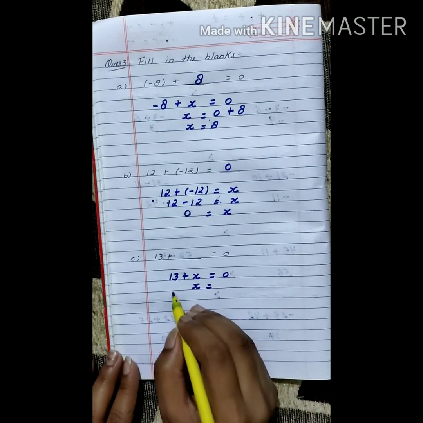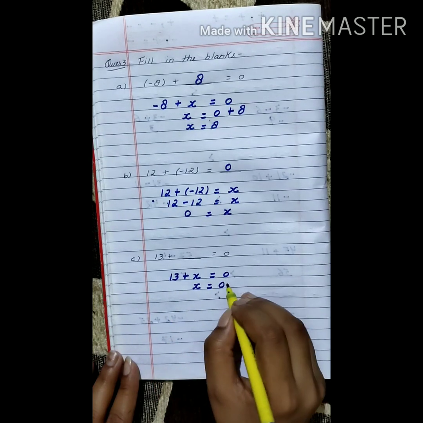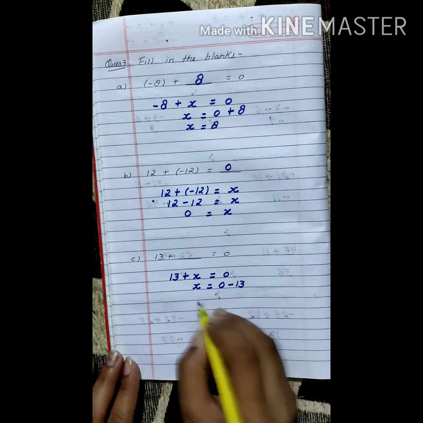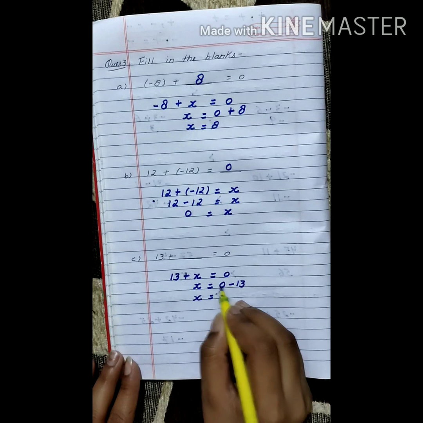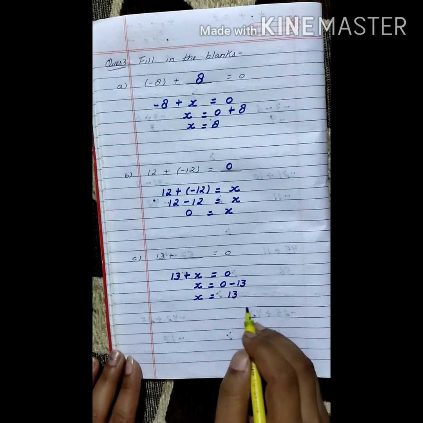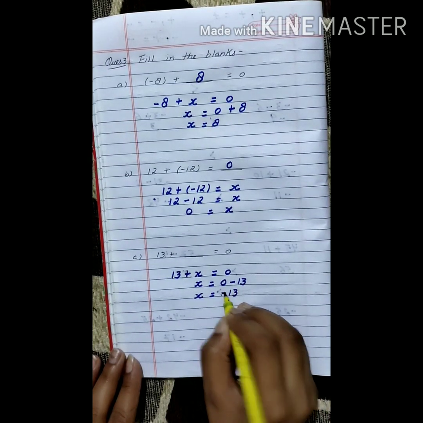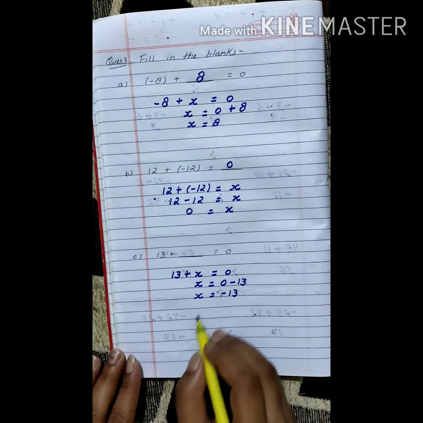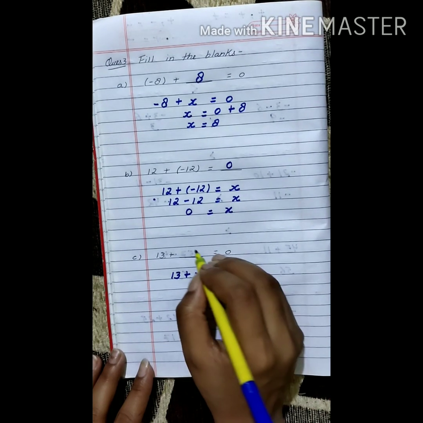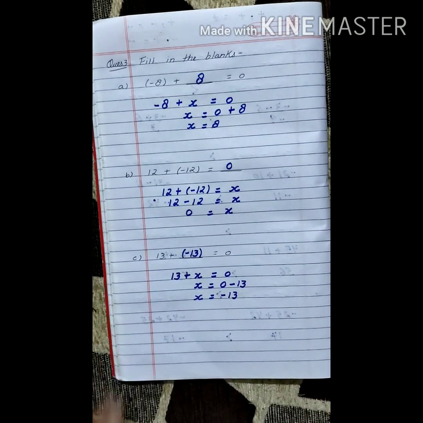After transferring, the sign will get changed, 0 as it is, and plus 13 is converted into minus 13. Now plus minus minus, 0 minus 13. Here 13 is the greater integer and it is negative, so the answer will also be negative. That means the value of x is minus 13. That means we have to write here minus 13.